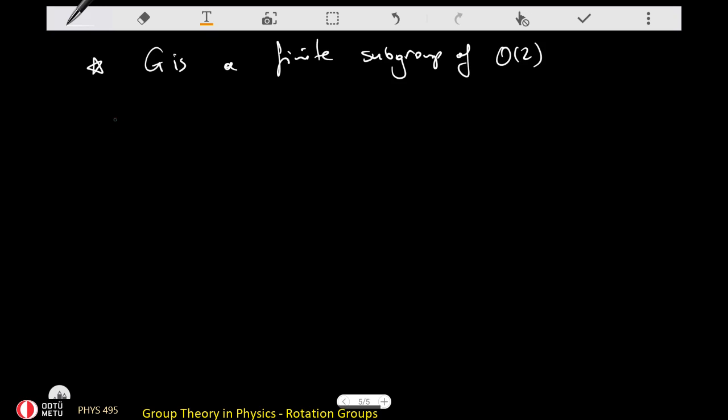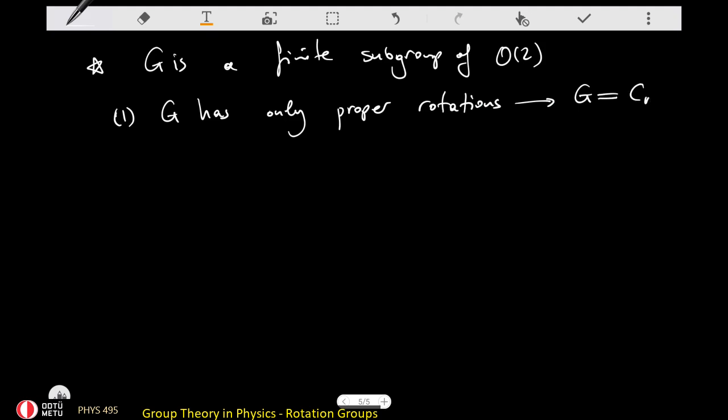The first one is that G has only proper rotations. This is basically the previous case that we have described. So therefore, G is a subgroup of SO2. So therefore, G is basically the cyclic group, a cyclic group for an integer n.